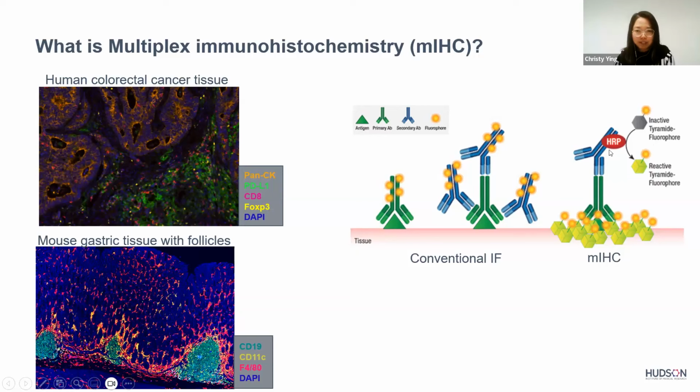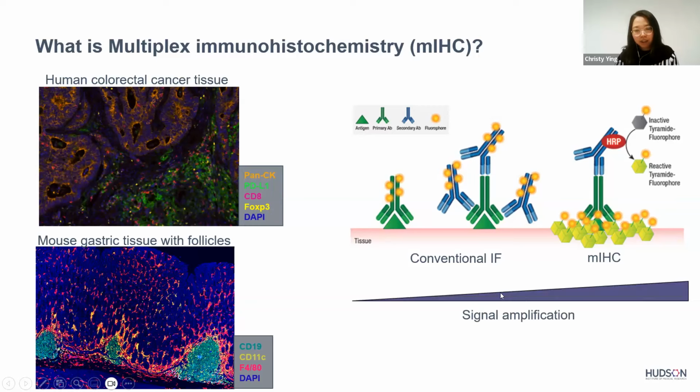The HRP helps convert the inactivated tyramide reagent into an activated version. Then it allows them to covalently bind to the tyrosine residues near or at the antigen. This gives more signal amplification compared to conventional immunofluorescence staining.